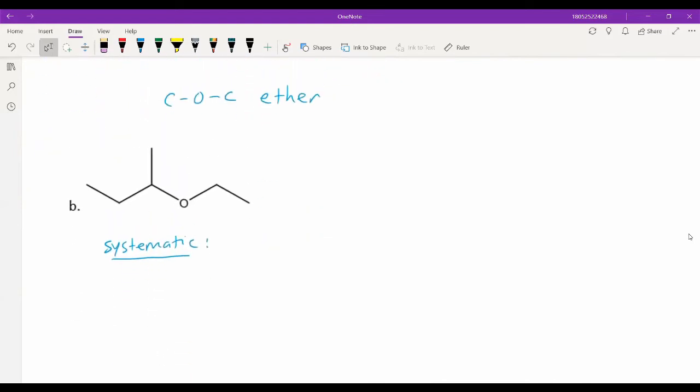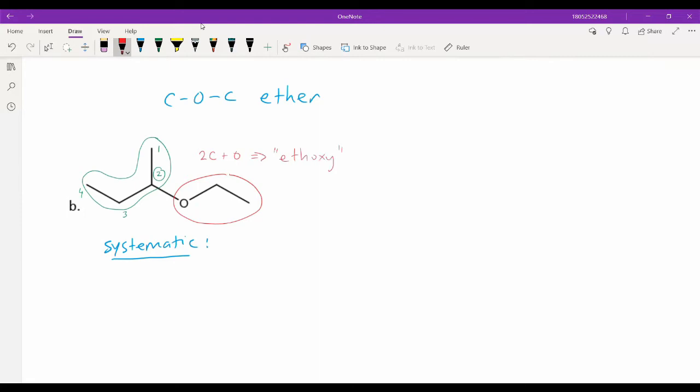So we find the longest carbon chain, which will be 4, right, versus 2 on the other side. And then we're going to renumber it, so we want to get the lowest number for this functional group here. So we're going to have a butane, and then this oxygen group plus 2 carbons, that's called ethoxy.